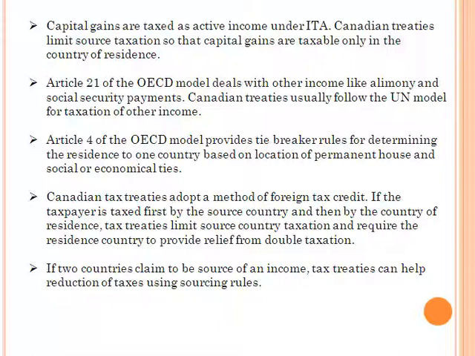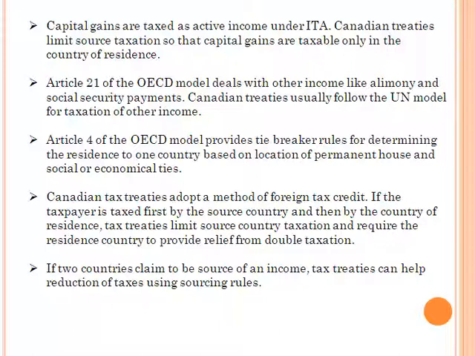Article 21 of the OECD model deals with other income like alimony and social security payments. Canadian treaties usually follow the UN model for taxation of other income. Article 4 of the OECD model provides tiebreaker rules for determining the residence to one country based on location of permanent house and social or economical ties.